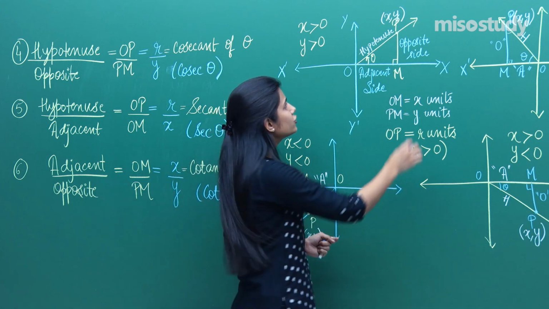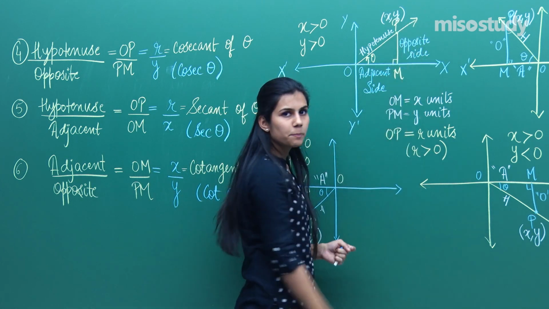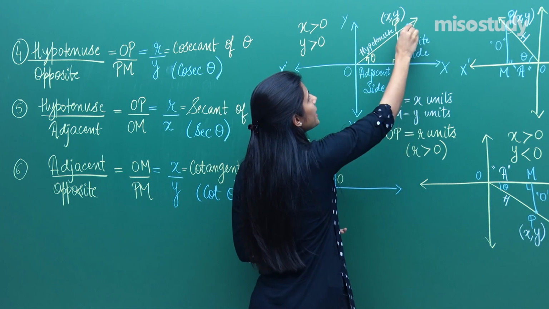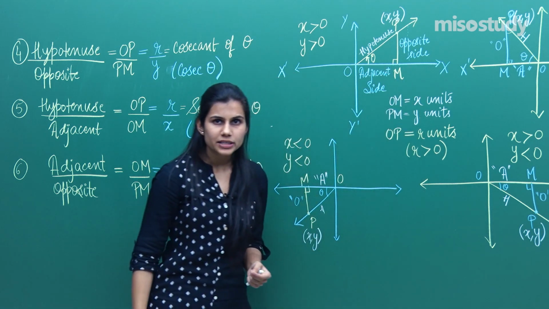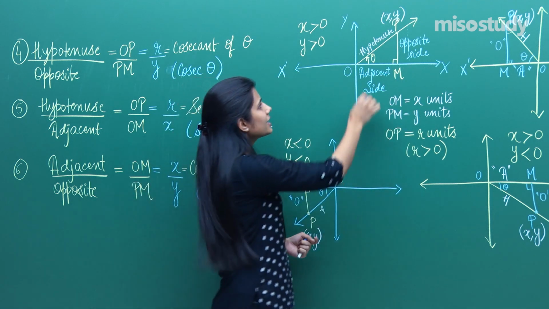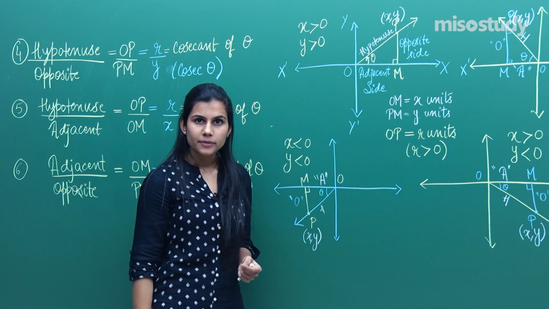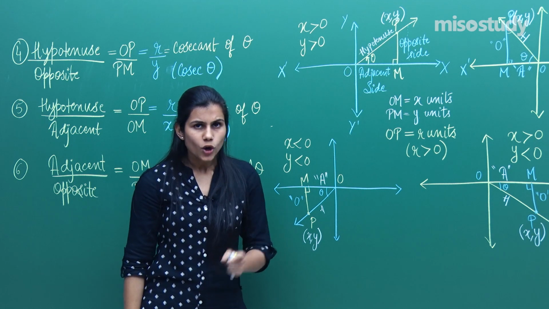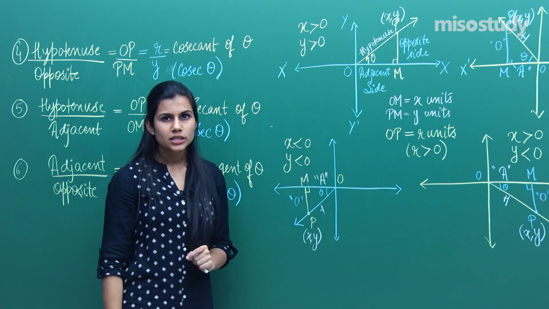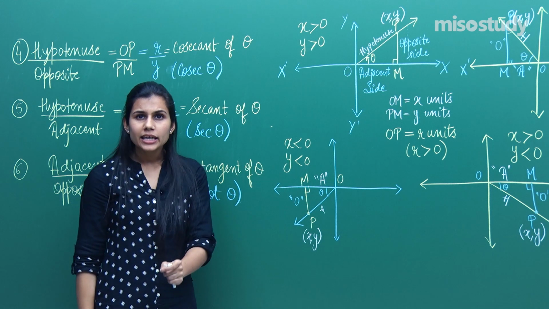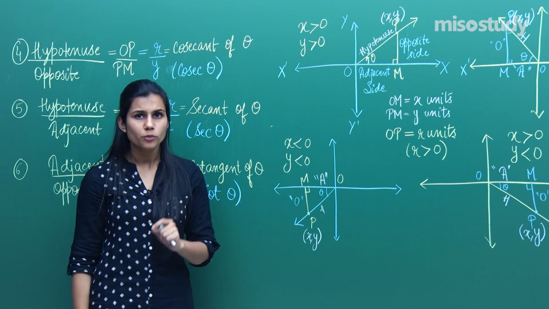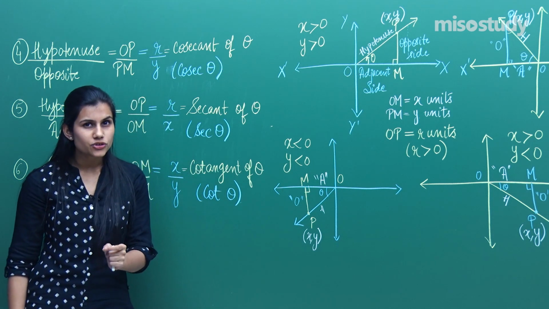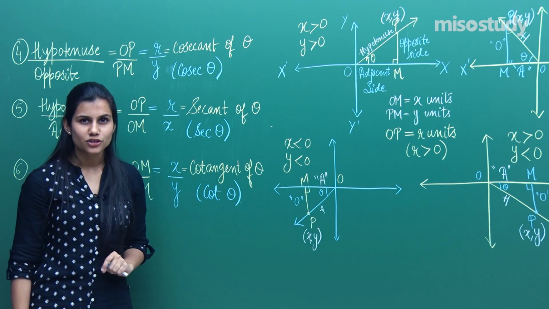What happens if I change my terminal point P and then drop a perpendicular, thereby increasing the size of this right triangle? Well, this angle theta will definitely remain the same. But the question is, the entire triangle size will increase. Will that affect the ratios? Will that change the meaning or the definition of these 6 trigonometric ratios, or will they remain the same? We are going to examine this question and the answer to this question in just a short while.